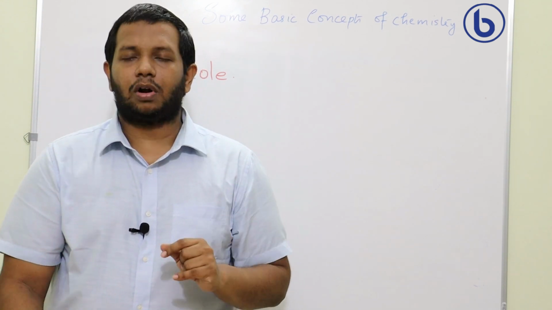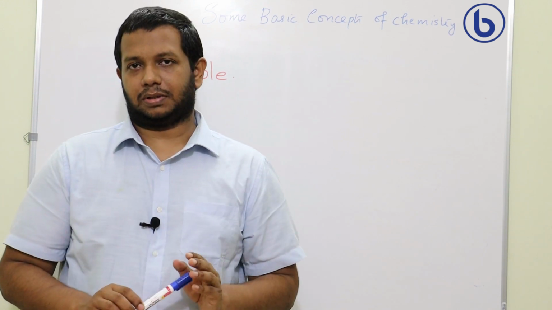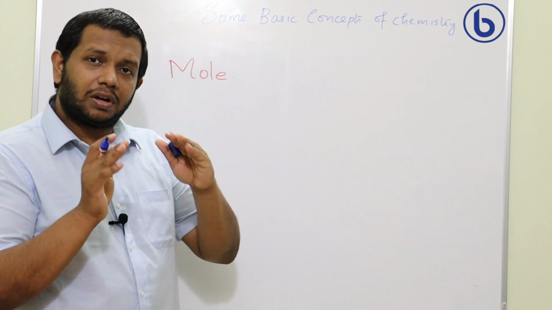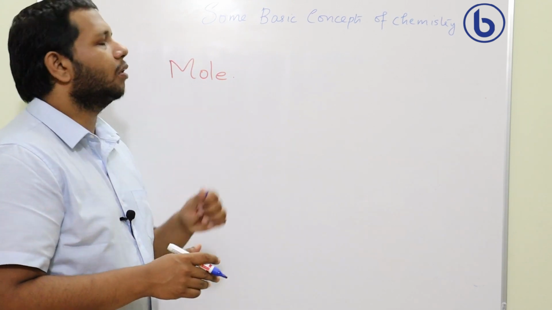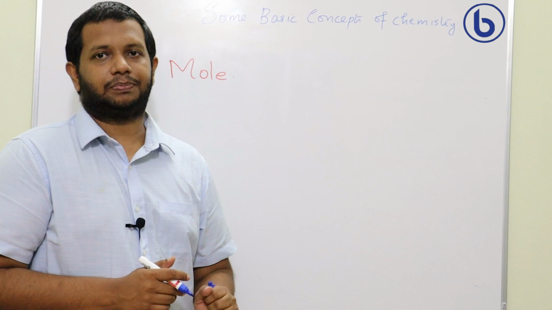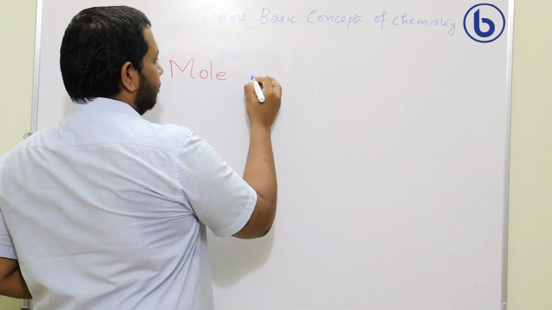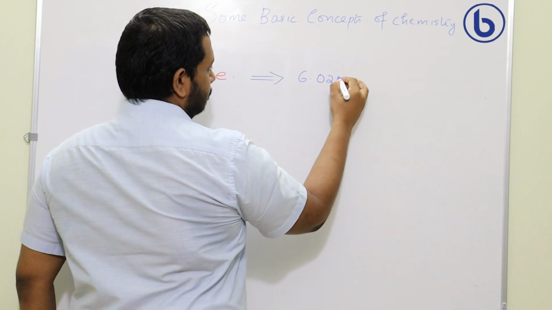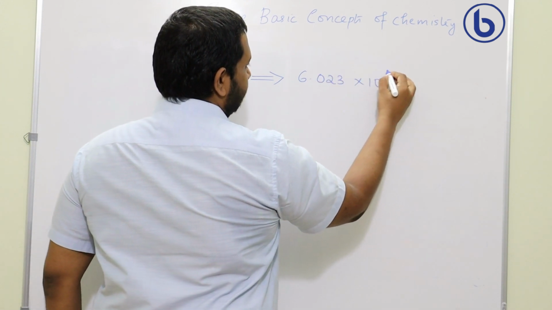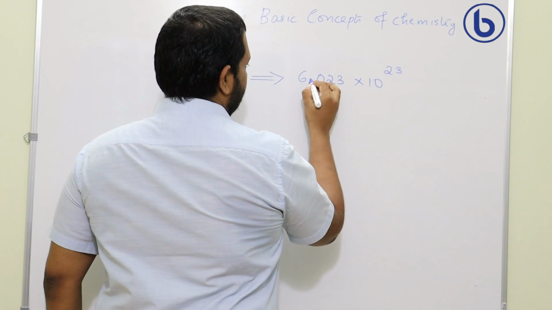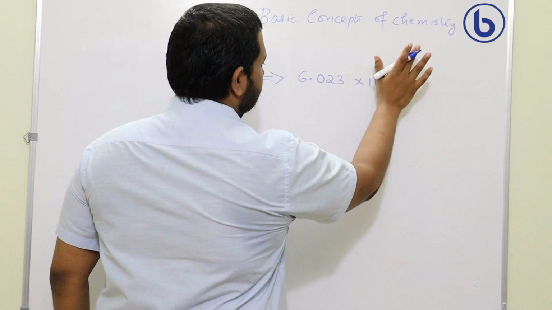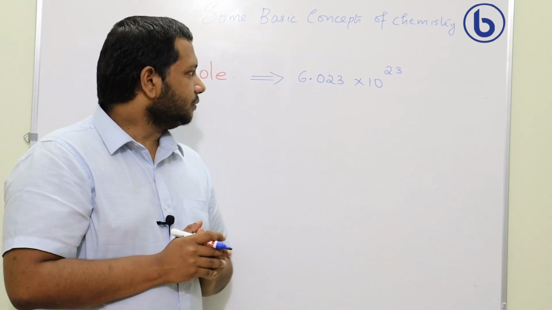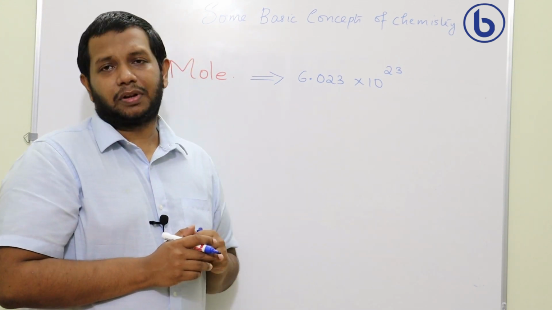I want to compare the same concept over here also. Here, instead of dozen, I am going to replace that with a term called mole. Mole is nothing but the number 6.023 into 10 power 23. No additions, nothing else. Now, what is this number called?